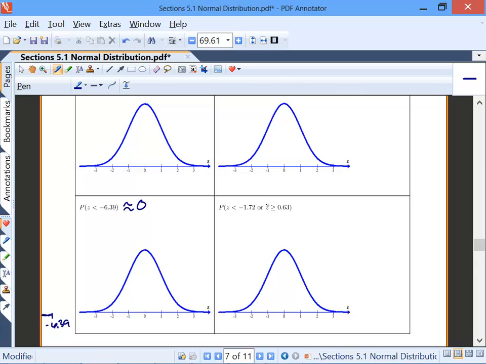And then this one, the probability that z is less than negative 1.72 or z is greater than 0.63. No, that's not it, is it? It's z is less than negative 1.72 or z is greater than 0.63.